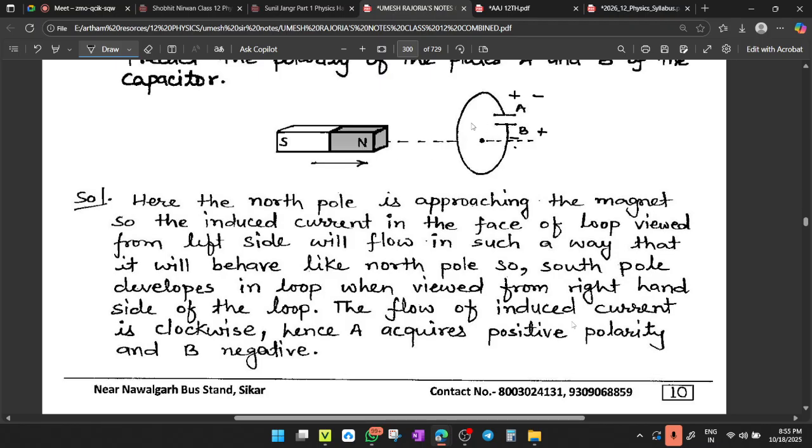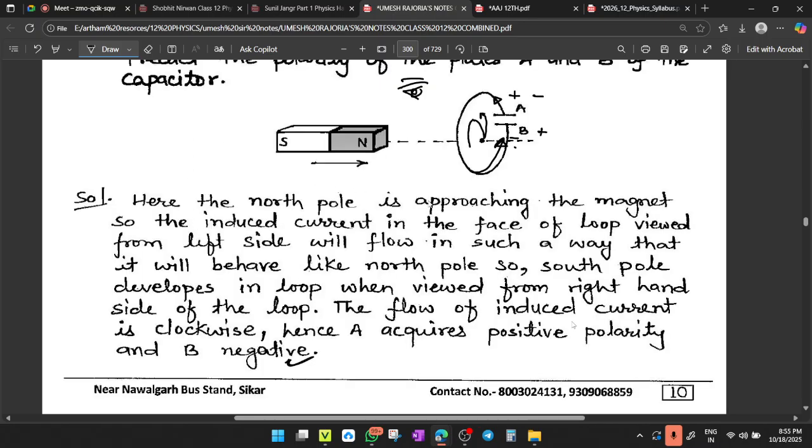The magnet is north here, so a north pole will develop here. Right or wrong? Facing from this side, a north pole will be developed here. So current will be emerging out from A and entering from B. So A will be plus and B will be negative.